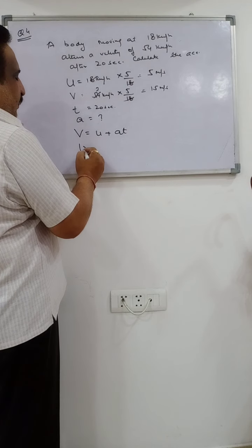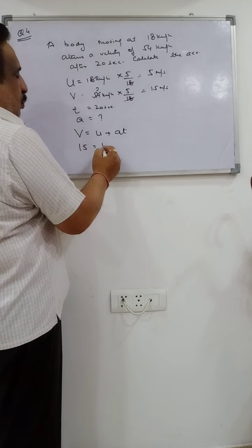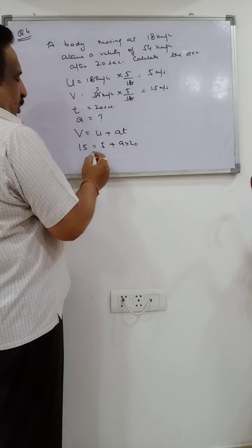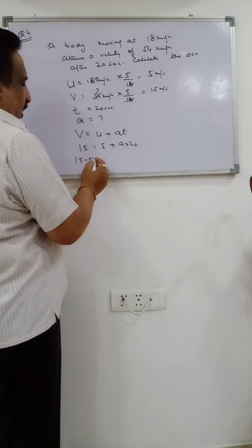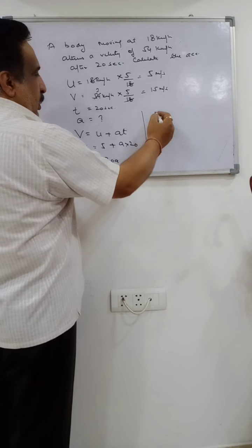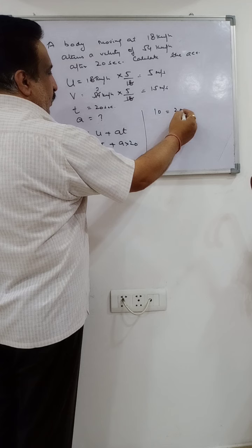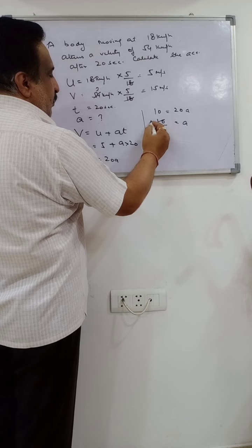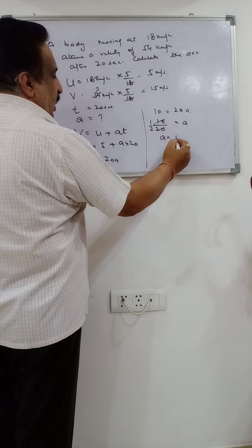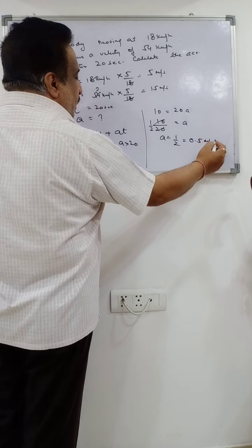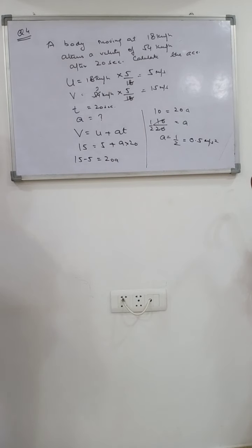What is V? 15 is equal to U 5 plus A into 20. 15 minus 5 is equal to 20A, or 10 is equal to 20A, or A is equal to 10 by 20, that is 1 by 2. A is equal to half, which is 0.5 meter per second square.